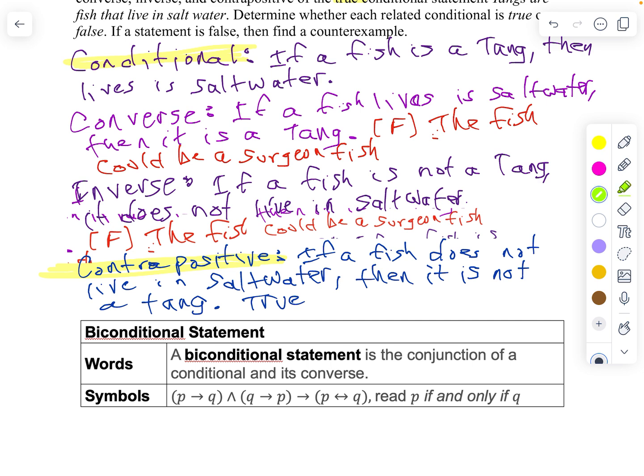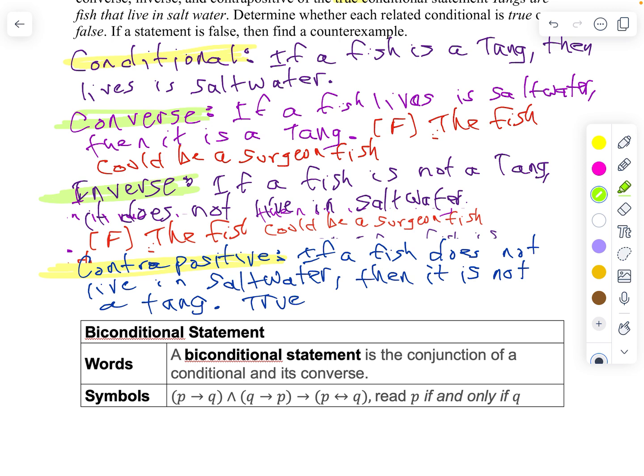And the same thing goes with the converse and the inverse. Whatever truth value the converse is, the inverse is going to have that same truth value. So in this problem, the converse was false, so the inverse was false. In this case, the conditional was true, so the contrapositive was true.